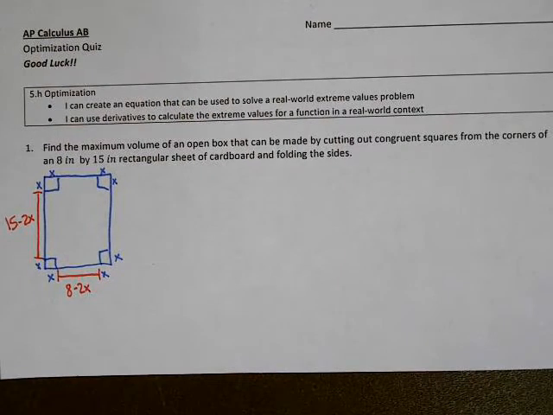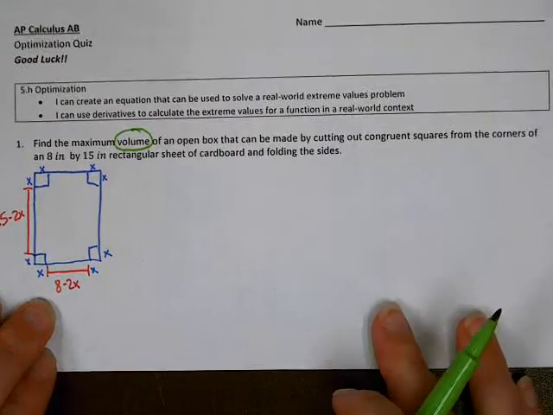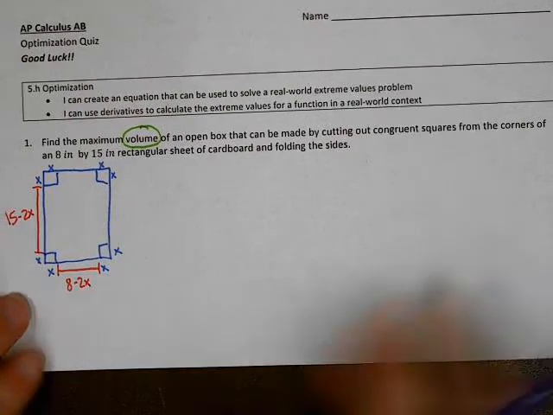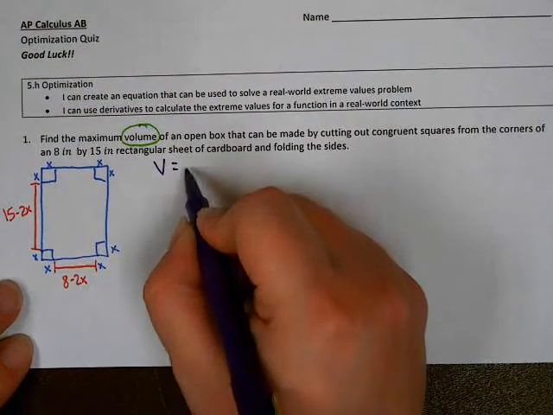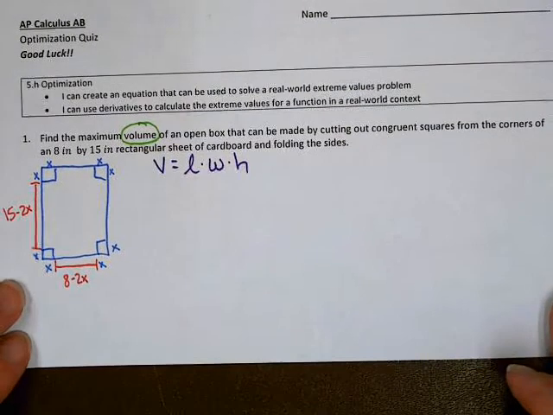So we're trying to find the maximum volume. That's the key word there, guys, volume. All right, think about how we find the volume of a rectangular prism, and we wrote this in our useful formulas. The volume is equal to the length times the width times the height. We need all three values.